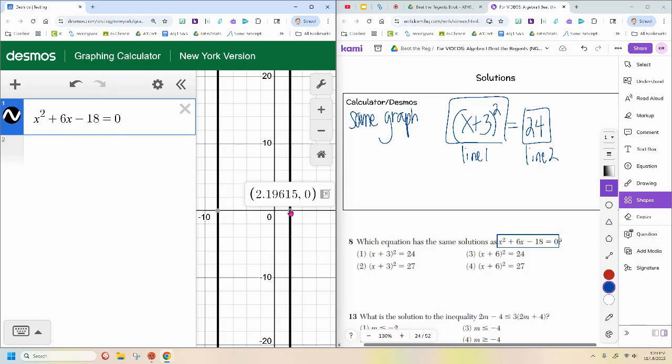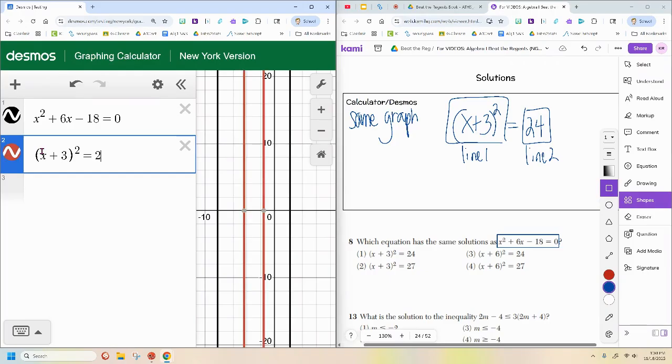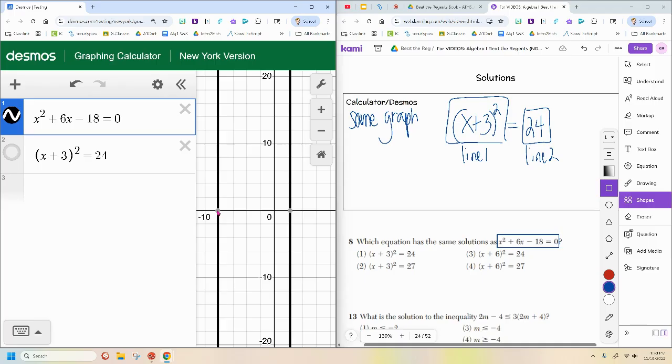Okay. All right, let's try the next one and see what happens. x plus 3 squared. So there's a parabola, but now we're going to go equals 24. Now, they are very close, but they are not the same, right?